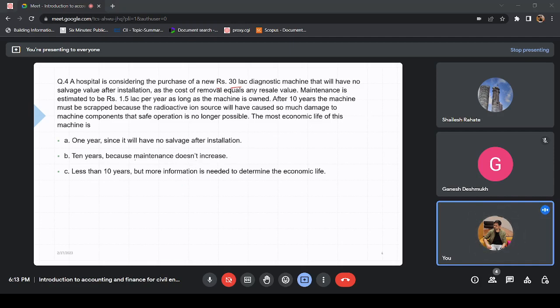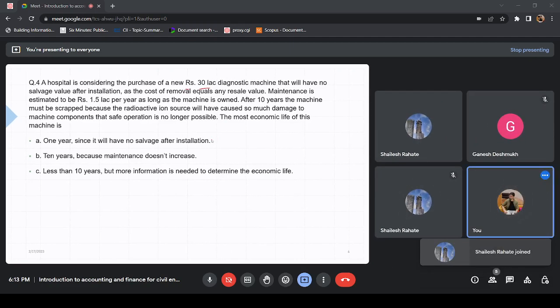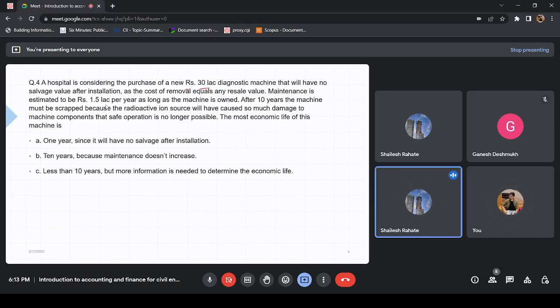Okay, so if you take 1 year... What is the meaning of the statement that the cost of removal equals the resale value? What it means actually? So what is happening is that they're telling you that we have installed the machine for rupees 30 lakh. Let's say that after the end of 2 years we are reselling it.